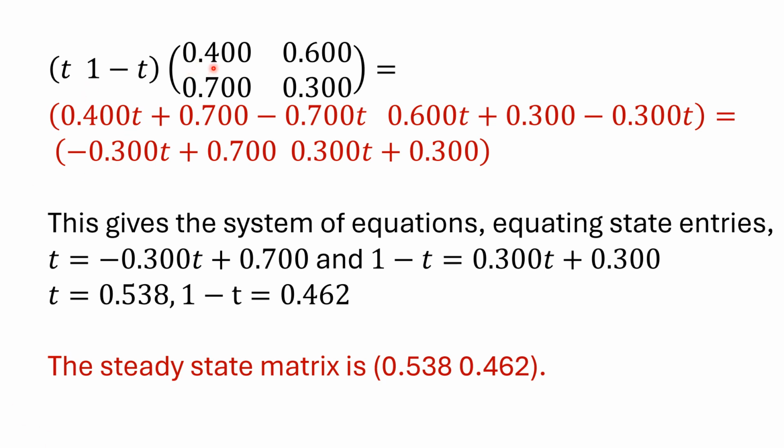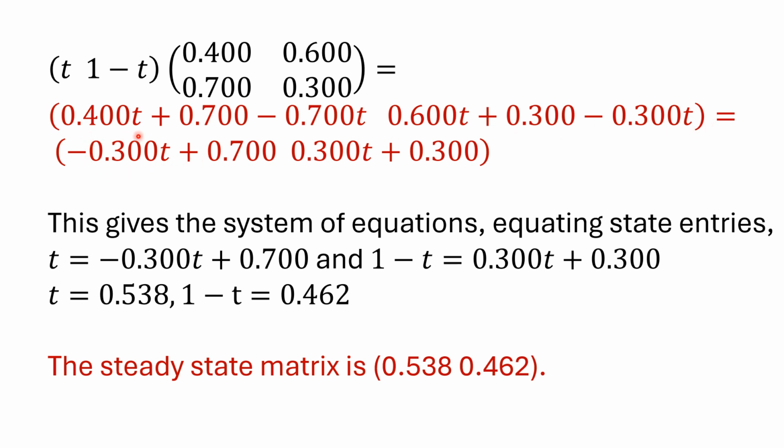So we have 0.4 times T plus 0.7 times 1 minus T, which is 0.7 minus 0.7T. The second column gives us T acting on 0.6 is 0.6T, and 1 minus T acting on 0.3 is 0.3 minus 0.3T.